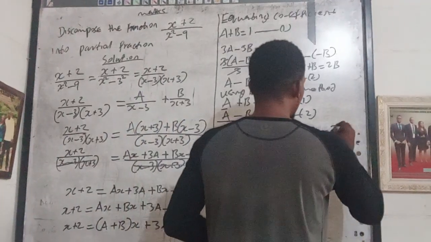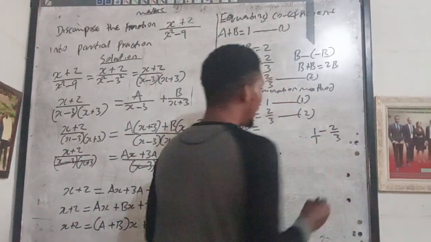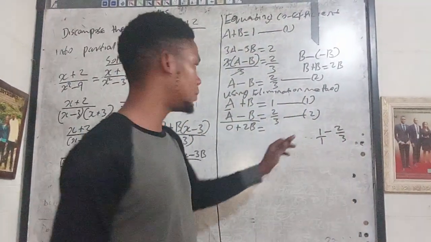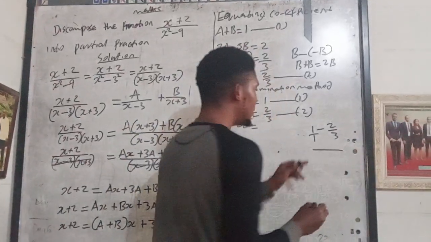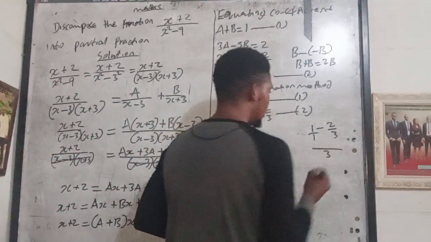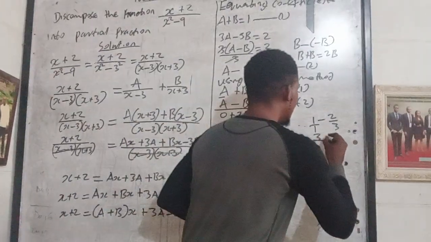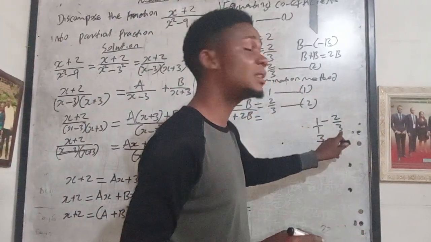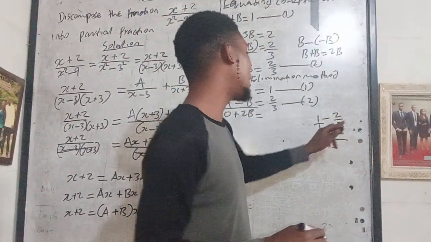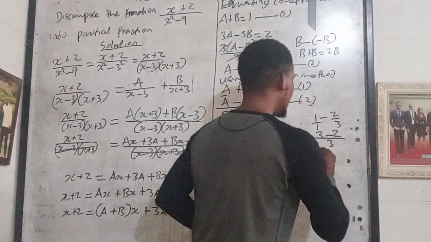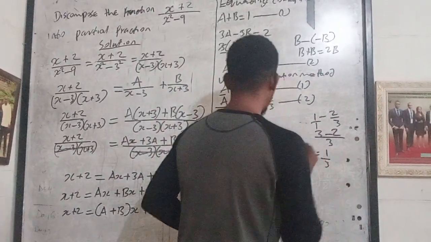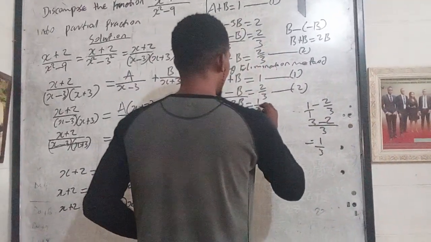This will be 1 minus 2 all over 3. 1 over 1 is same as 1. So we find the LCM of 1 and 3, which will give 3. 3 divided by 1, 3. 3 times 1, 3. Minus 3 divided by 3, 1. 1 times 2 is 2. This will now be equal to 1 over 3. So we have 1 all over 3.